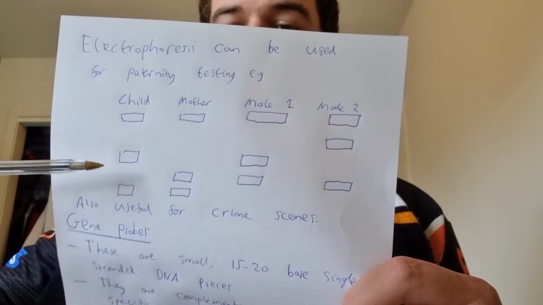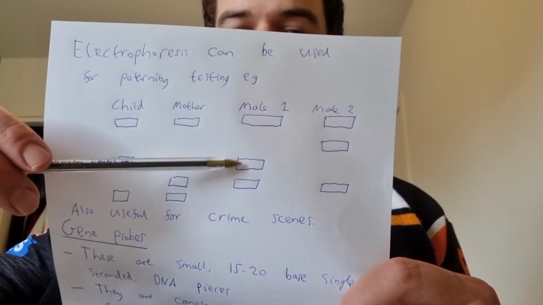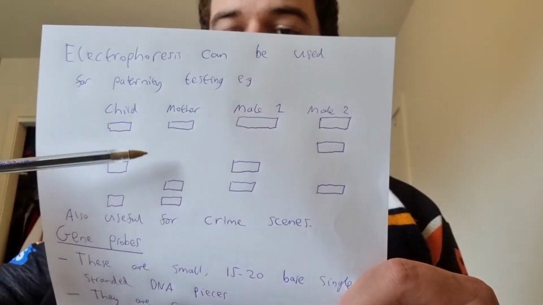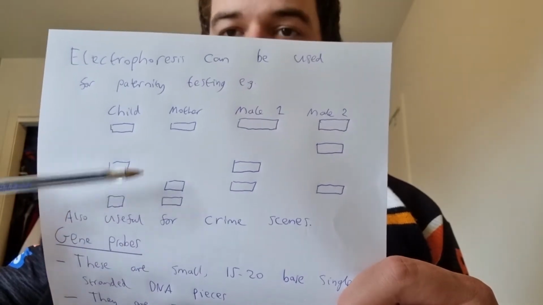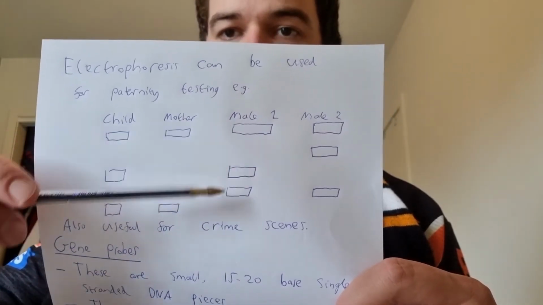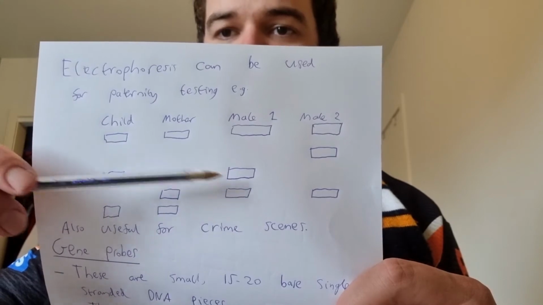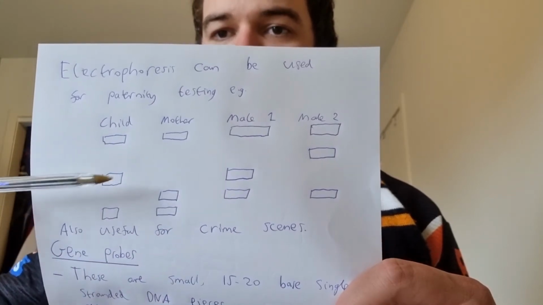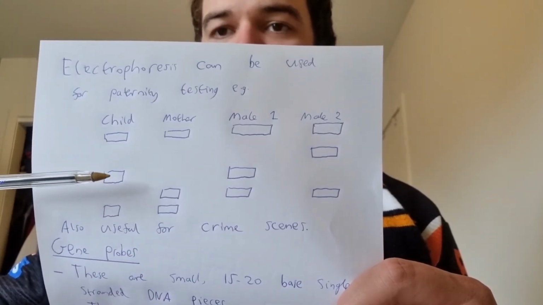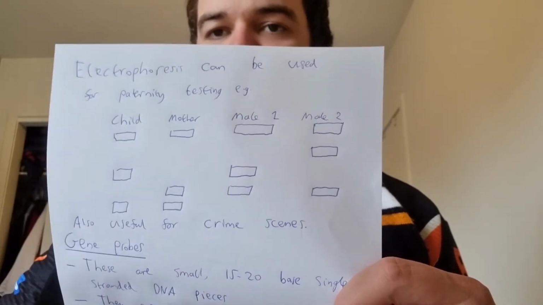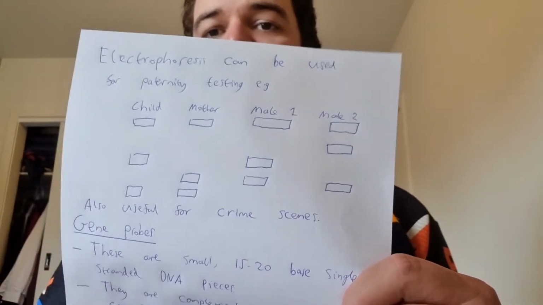This band here, though, is only present in male 1. It isn't present in male 2, and it isn't present in the mother. Therefore, it is very likely that male 1 would be the father because he's given this genetics onto the child. Therefore, they get that band in the gel electrophoresis pattern. So that's a use of gel electrophoresis.